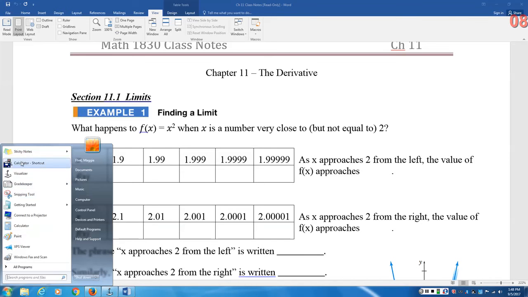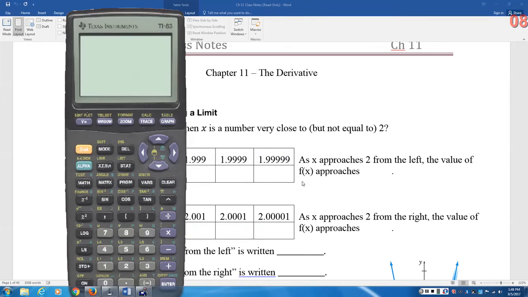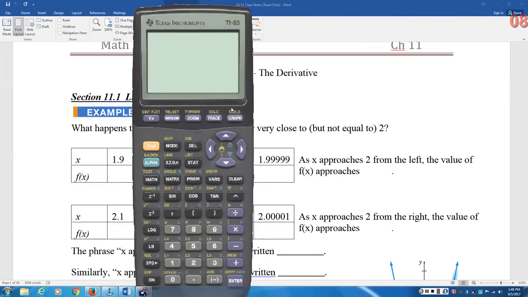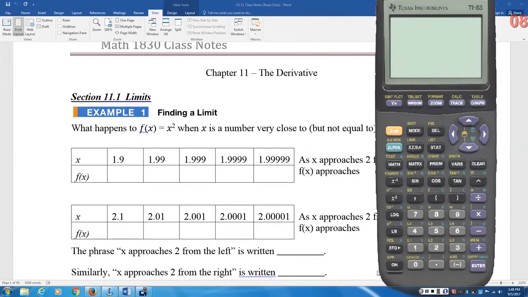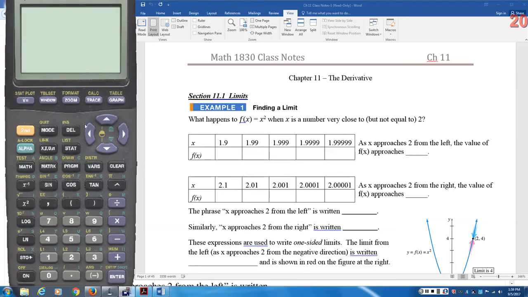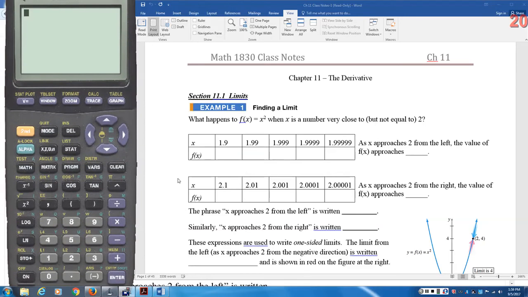So what I would expect you to have handy, and this kind of plays into what I was going to do anyway, is we're going to find the limit of f of x equals x squared, but we're actually interested in what happens as x gets close.